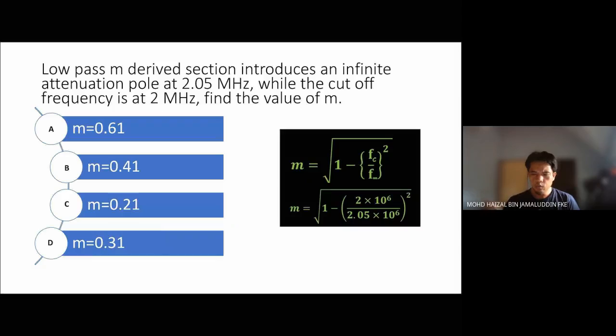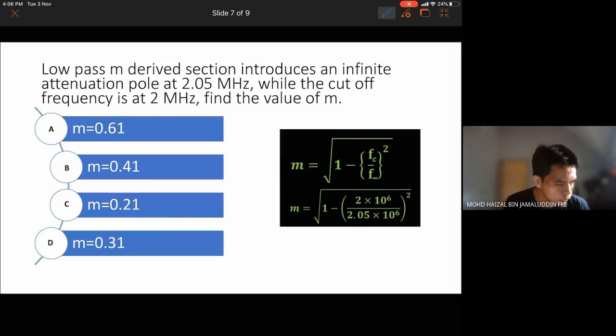We use this formula: m equals the square root of 1 minus (omega c divided by omega infinity) to the power of 2. Since omega is 2 pi f, we can replace omega c with fc and omega infinity with f infinity.